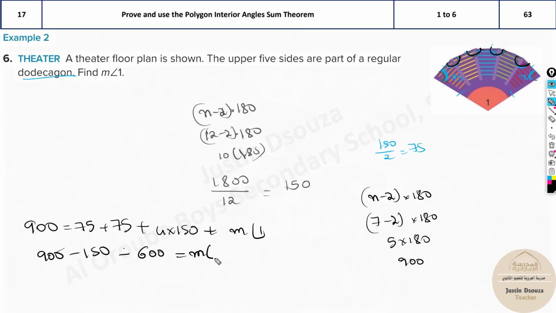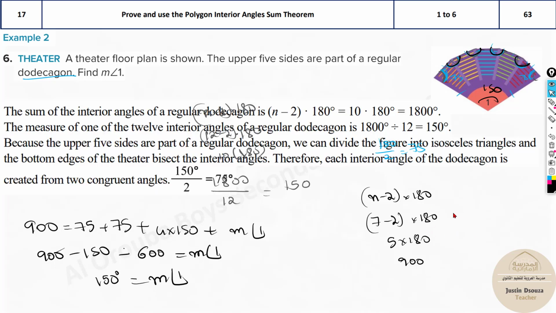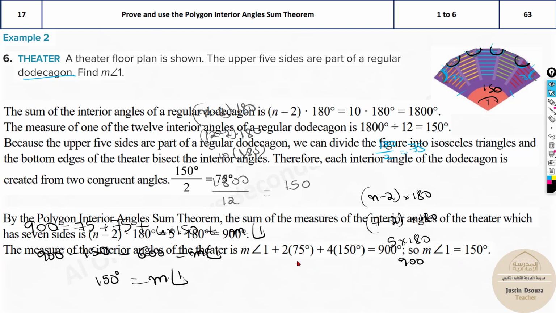That is equal to the measure of angle 1. Now it will be 300 minus 150. So it's 150 degrees equals measure of angle 1. This corresponds to 150. It's not 90, it's more than 90. Yeah, it's 150 degrees. Just relate your answer and check. So the answer must be 150 degrees for measure of 1.